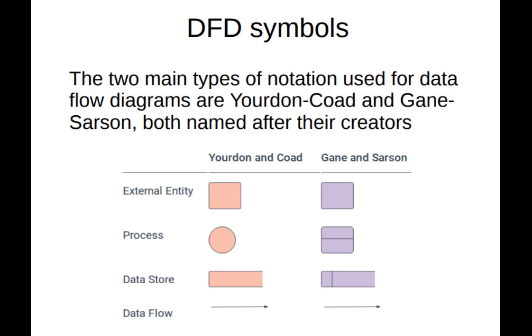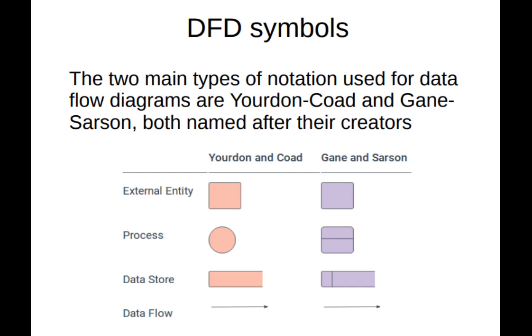To learn data flow diagrams, first we should be familiar with the data flow diagram symbols. There are two main types of notations used for data flow diagrams: the Yourdon and DeMarco representation, and the Gane and Sarson representation. Both have used different symbols.